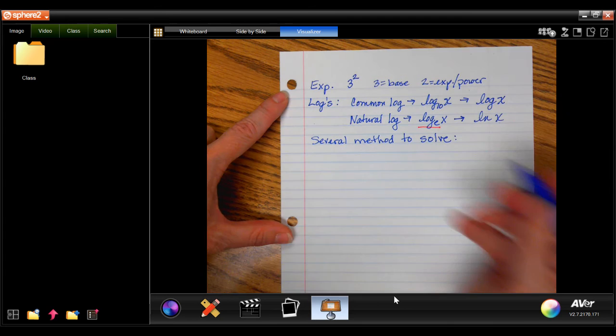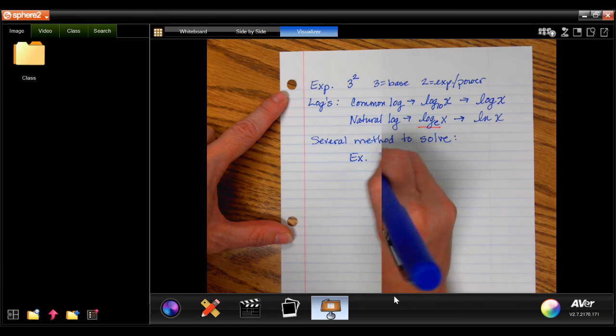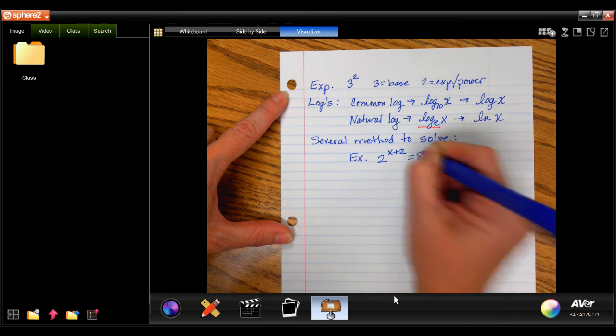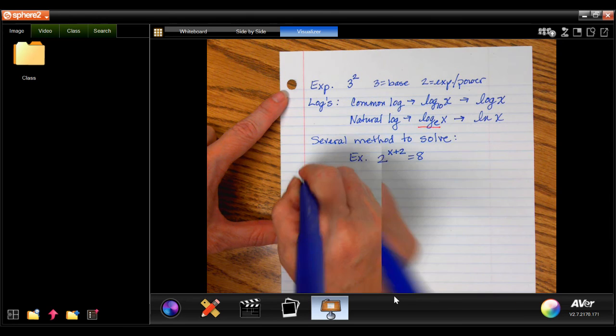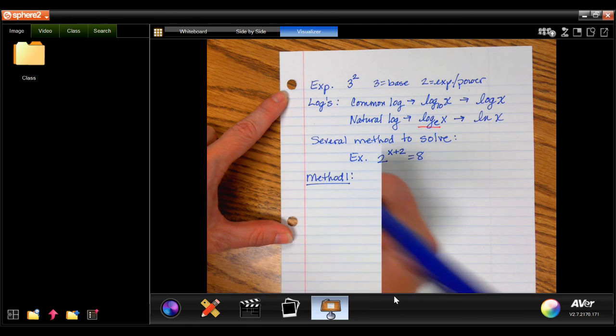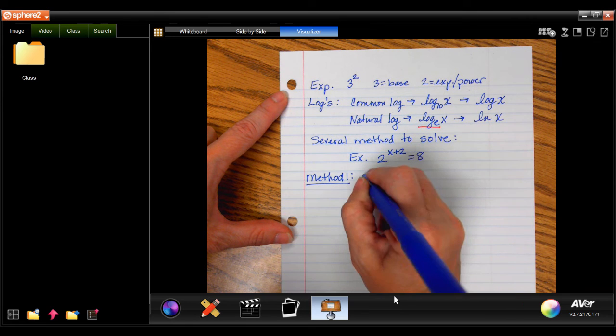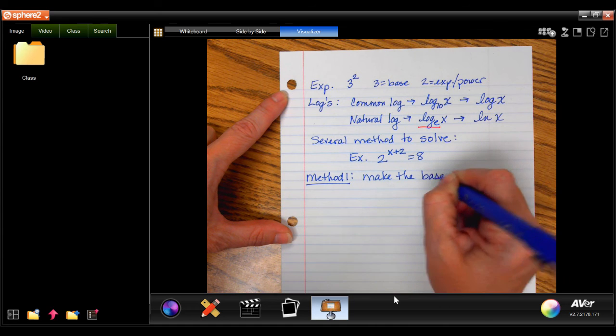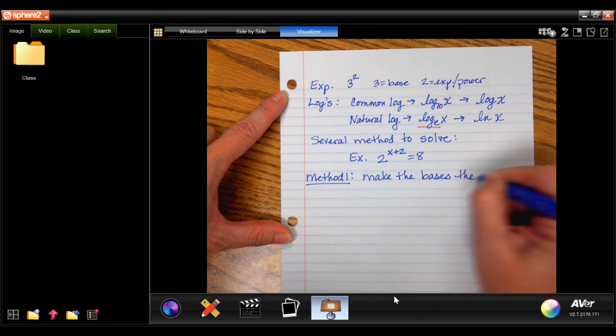Let's take an example, and I'll use it throughout. 2 to the x plus 2 equals 8. So my first method, method 1, is where I make the bases the same, if I can. This is my favorite.